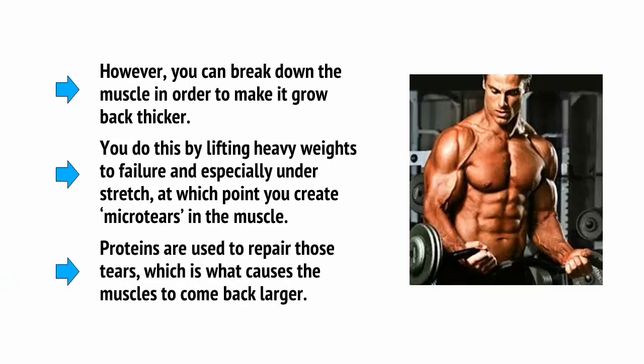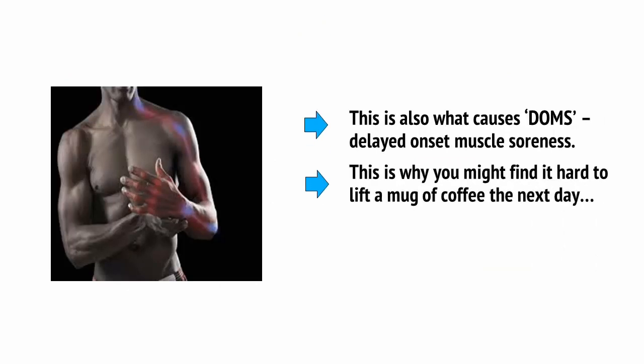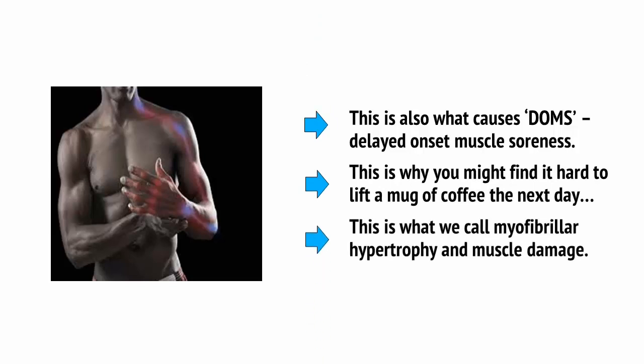Proteins are then used to repair those tears, which is what causes the muscles to come back larger. This is also what causes DOMS, delayed onset muscle soreness, and that's why you might find it hard to lift a mug of coffee the next day. This is what we call myofibrillar hypertrophy and muscle damage.